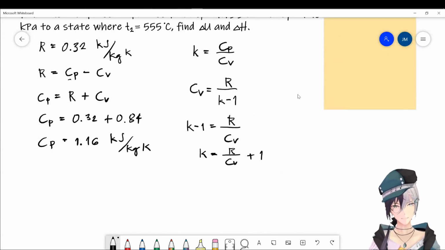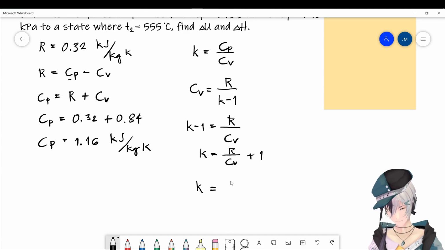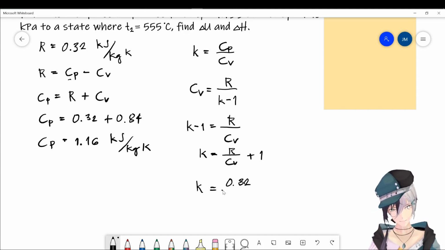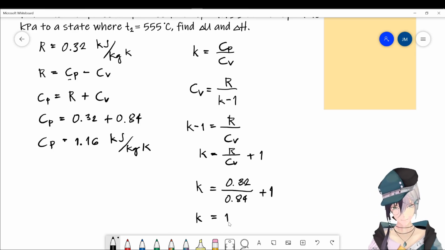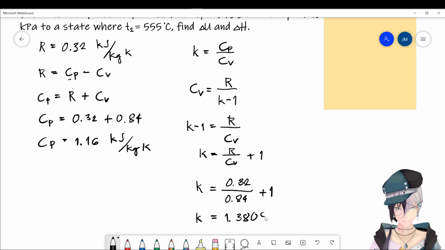So what is R? 0.32 divided by 0.84 plus 1, and so K is 1.38095. Okay? Now let's check.